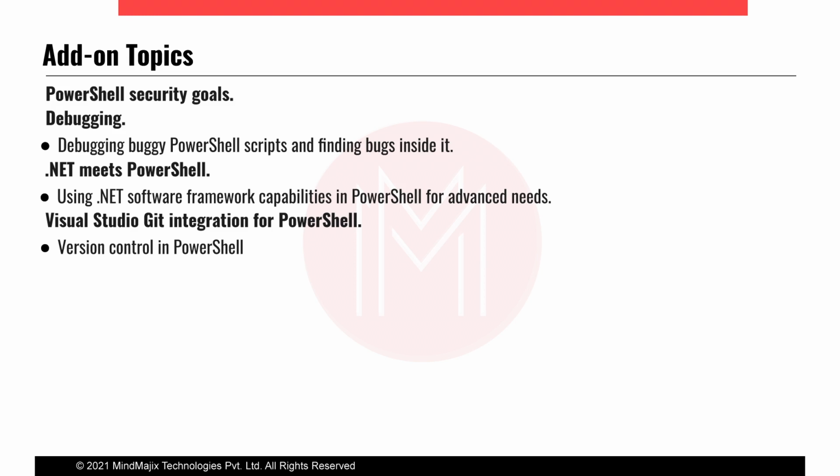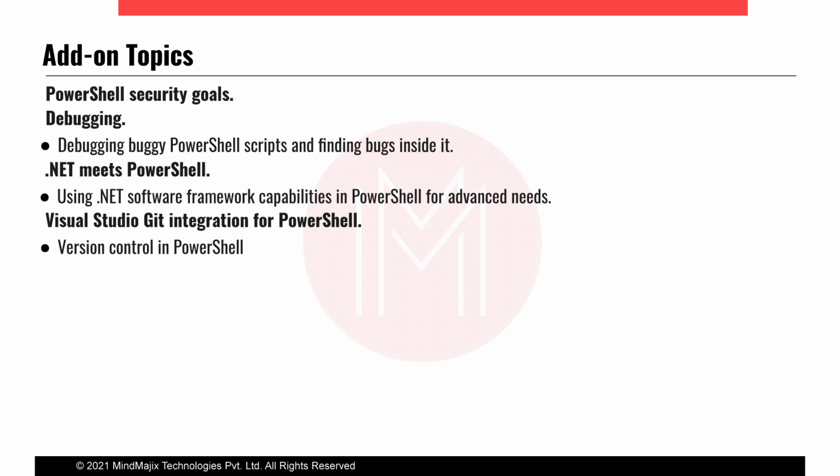And these are PowerShell security goals and PowerShell computer program debugging. The computer program you make is not always correct on your first attempt at writing. Every computer program has lots of errors, bugs we call them in the programming sense.